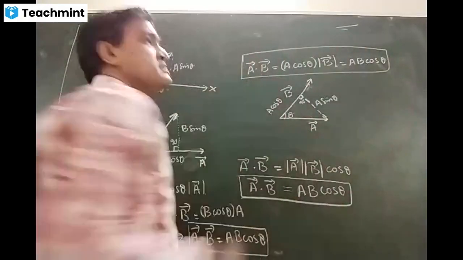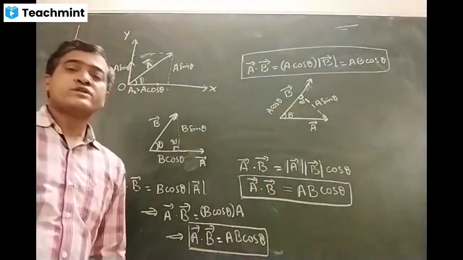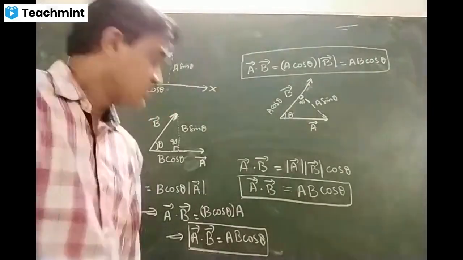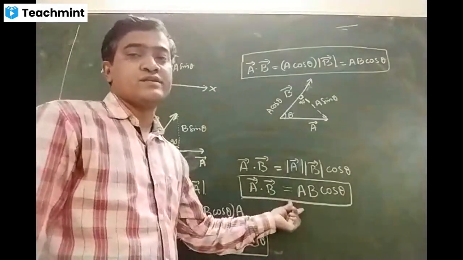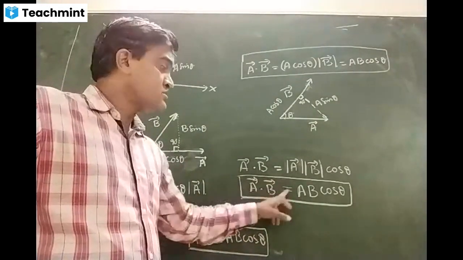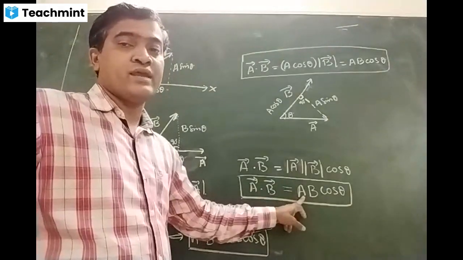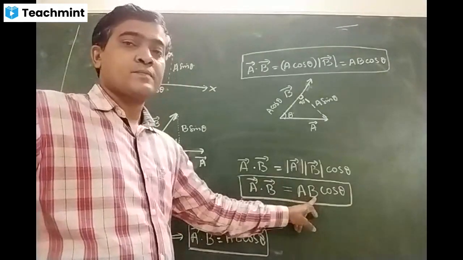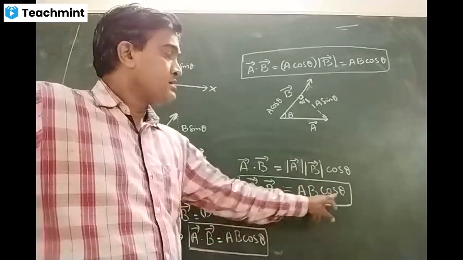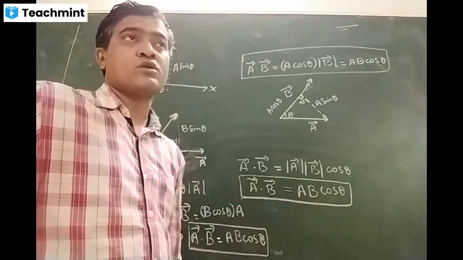So, final answer, remember: A bar dot B bar is equal to the magnitude. How can you define this? In order to define the dot product of two vectors, if you remember the formula, you can define it. The dot product of two vectors A bar and B bar is equal to, what is this called? Magnitude of A. What is this called? Magnitude of B. And what I am doing here is A into B, multiplication. Into means what? Product.